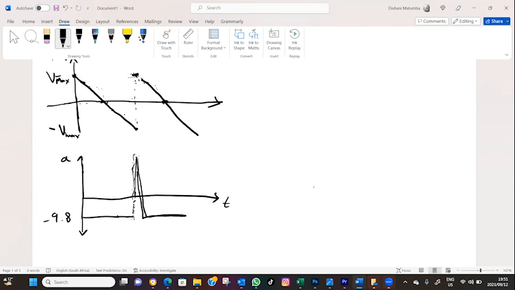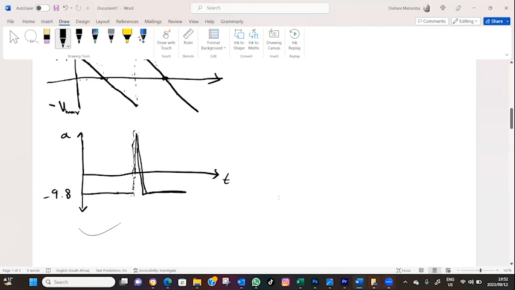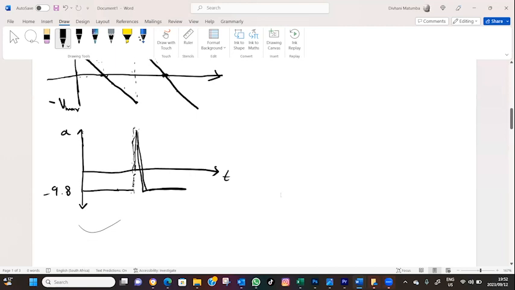The slope is still the same. Your gravitational acceleration is 9.8. Now let's move on to work, energy, and power.